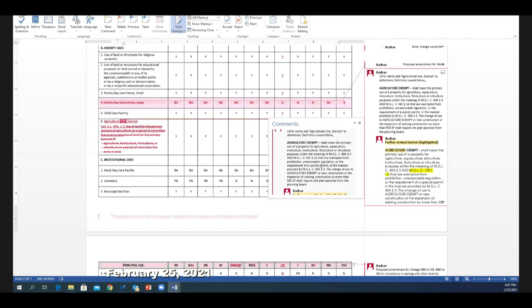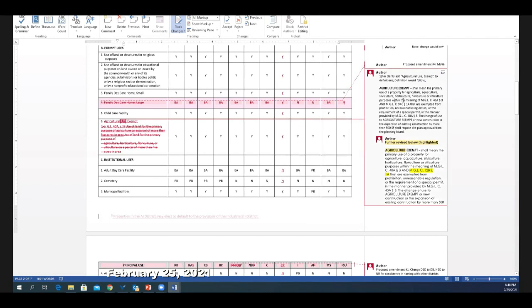But if our definition and the section that we approved basically stated that if your primary use is agriculture, you're allowed to do other agriculture adjacent activities, basically.